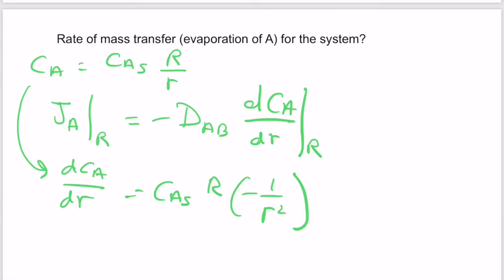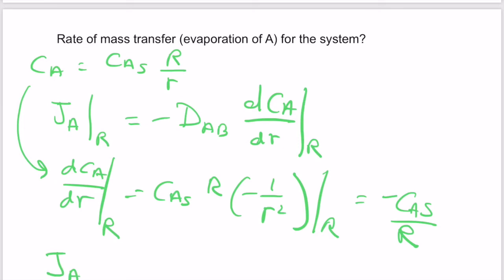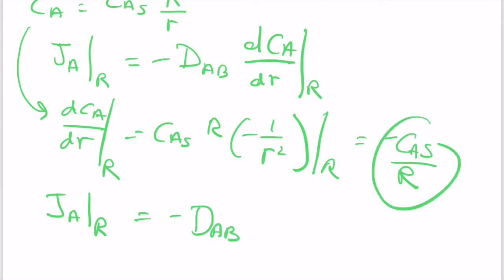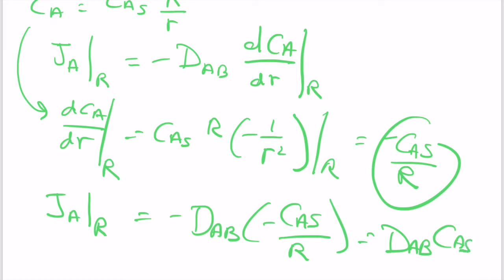So at r equals R, we end up with minus CA at the surface divided by R. I've forgotten my diffusivity. So the flux at the surface is minus the diffusivity times this, so it's the diffusivity times CA surface over R.